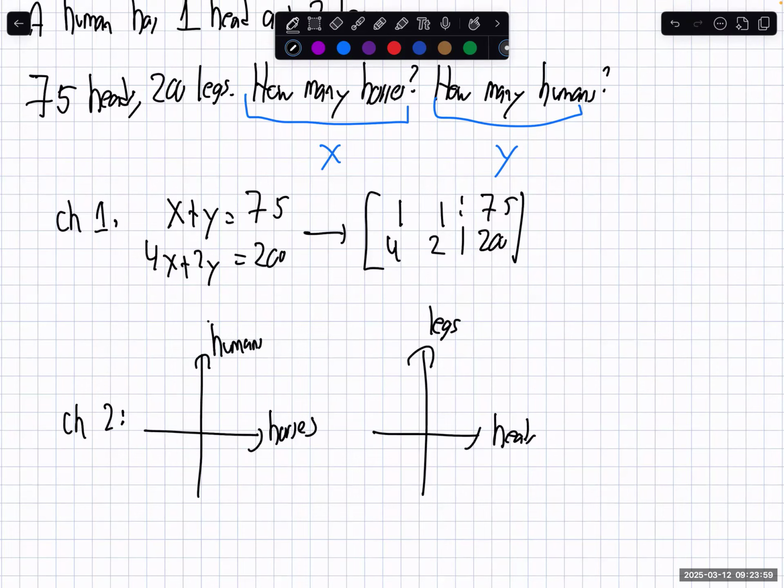And then we had 75 heads, 200 legs. That's our target output vector.